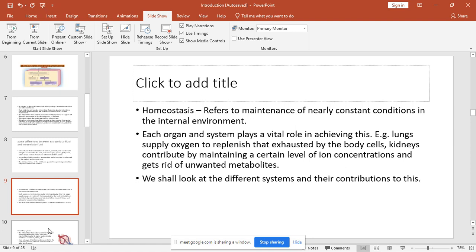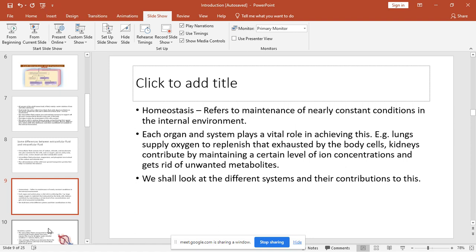You can look at the lungs, for instance. The lungs supply the different cells of the body with oxygen, which they need to survive. Because if they don't get it, they can't produce energy and they will eventually die.